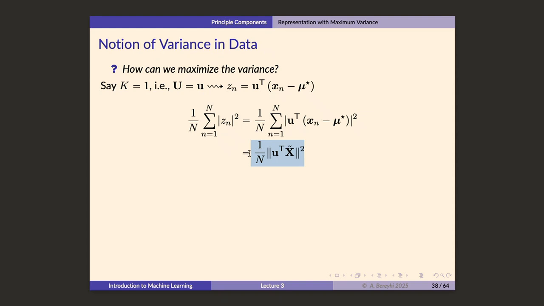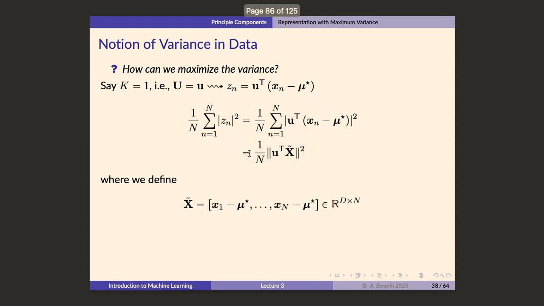So what is this X tilde here? X tilde is the whole matrix of data which is shifted. You see it? The first column of this X tilde is my first data point x1 minus the bias, the second one is the second data point minus the bias, and so on till the last one. How many columns do I have? The number of data points that I have.